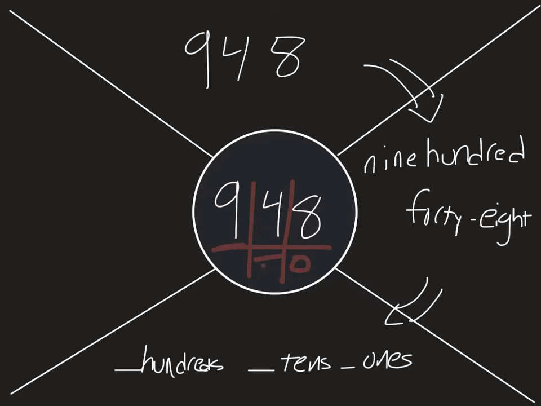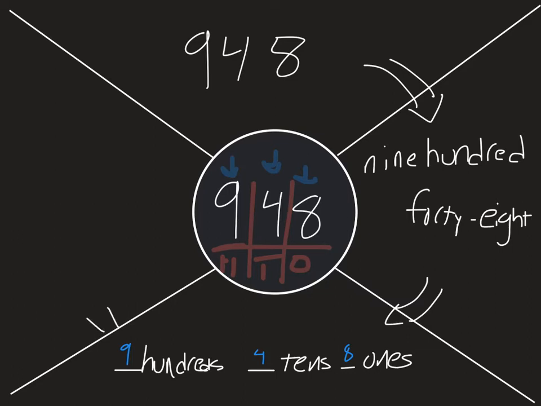We have a ones place, a tens place, and a hundreds place. In the ones place, we have an 8. In the tens place, we have a 4, and in the hundreds place, we have a 9. So that's pretty easy for us to carry over. We have 8 ones, 4 tens, and 9 hundreds.